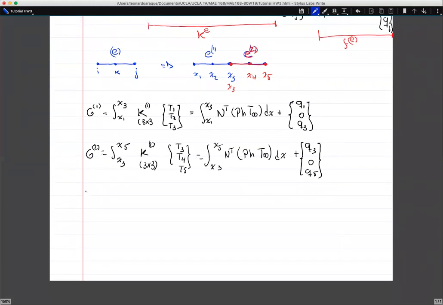our stiffness matrix for the first element is a 3x3 matrix.